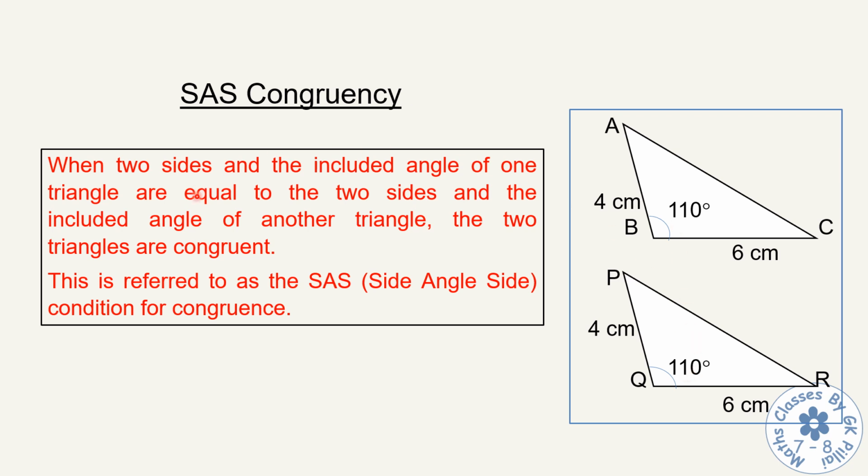So when two sides and the included angle of one triangle are equal to the two sides, or you can say respectively equal to the two sides and the included angle of another triangle, the two triangles are congruent by SAS congruency condition. So that is what is given here. You must have definitely understood.